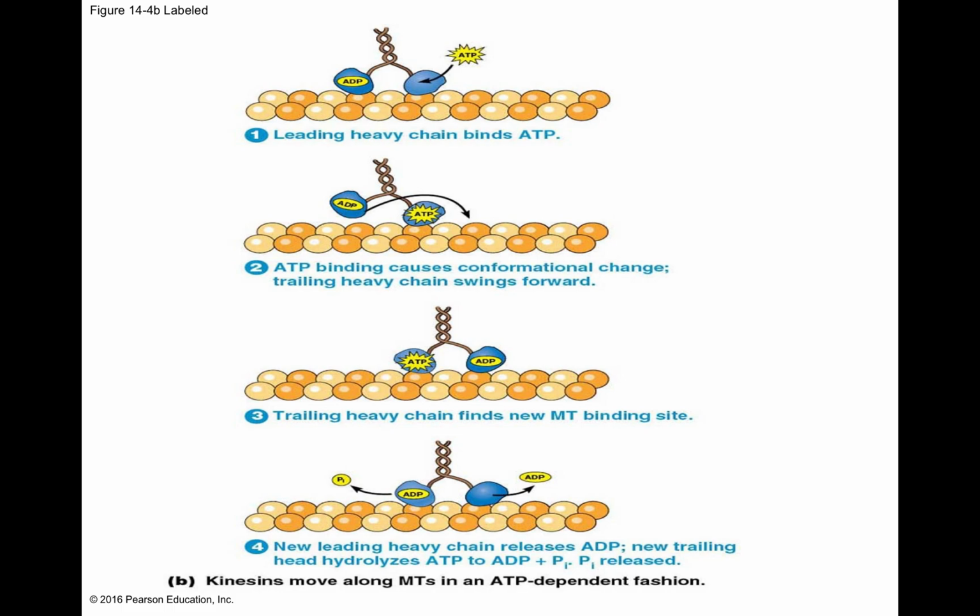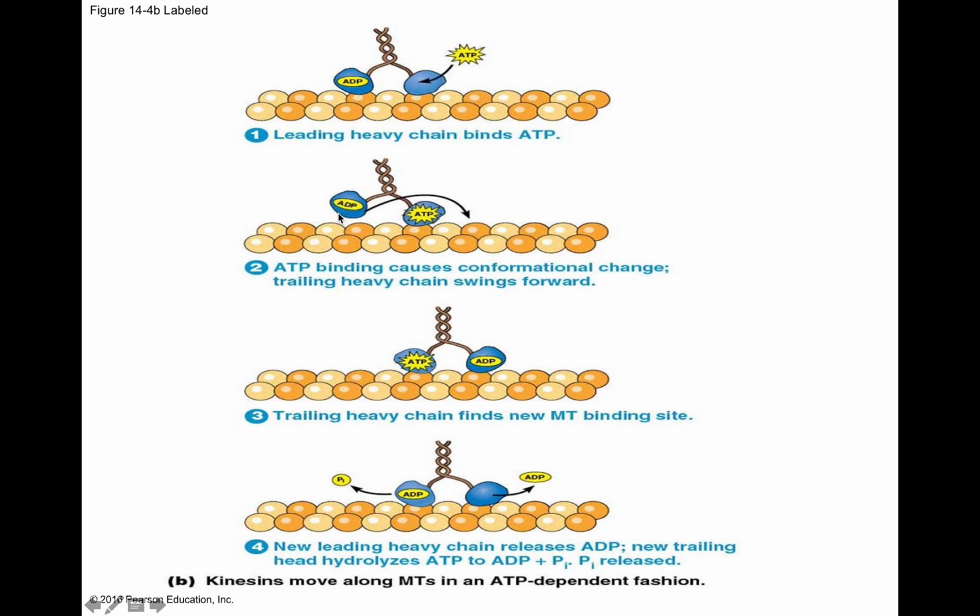When that swings forward, the now lagging foot, which was originally the leading foot, splits ATP, and then the cycle starts over again. So again, we have the foot in front and the foot in the back. The foot in front binds ATP. That causes a conformational change.